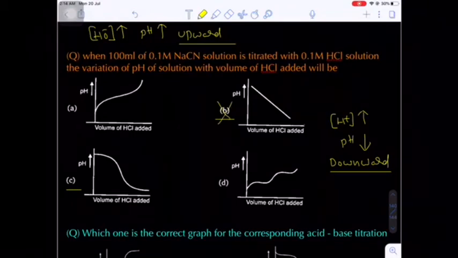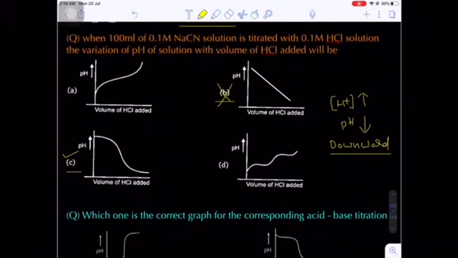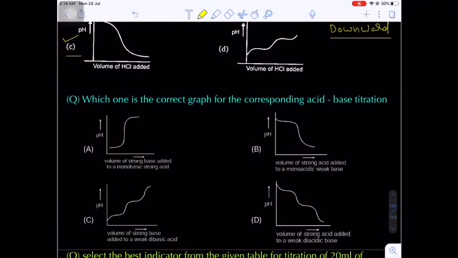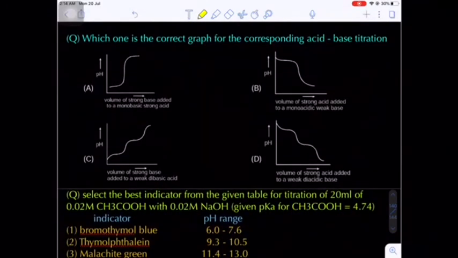Option B and option C. But in option B, there is a linear decrease in the pH value. That is not linear decrement. The pH value decreases exponentially. Are you getting my point? Now we have to remember the nature of the curve: titration of strong acid, strong base, strong acid, weak base, weak acid, strong base.